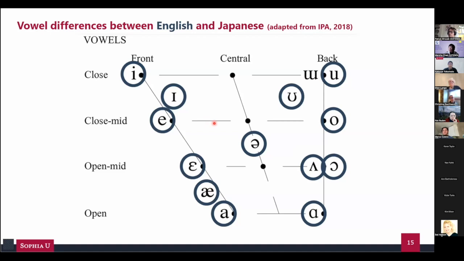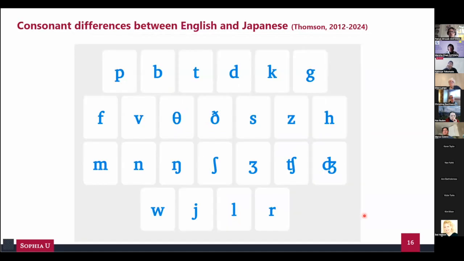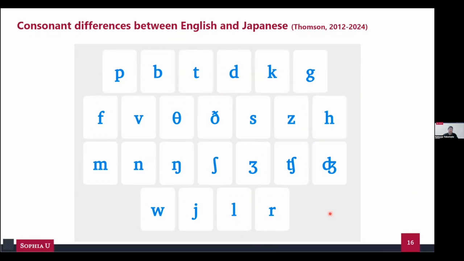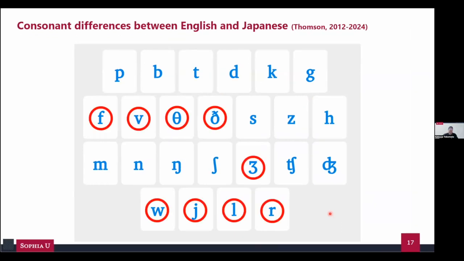And when you look at consonants, the complete consonant charts are so confusing. So I just took it from Ron Thompson's website, English Accent Coach. Those are the English consonants. And out of those consonants, the Japanese language does not have those 9 consonants. So those are new to Japanese learners.